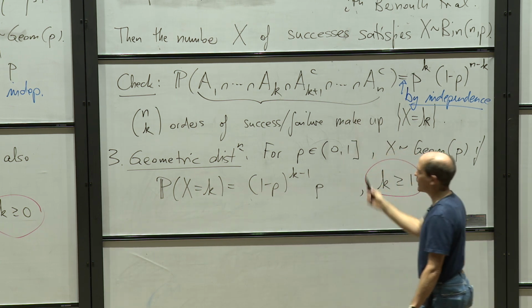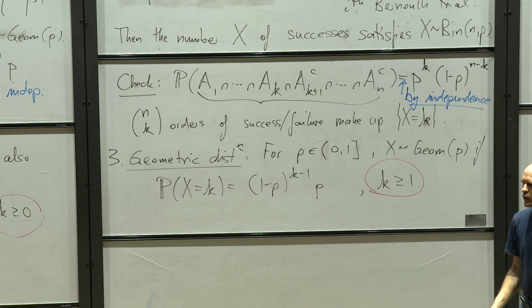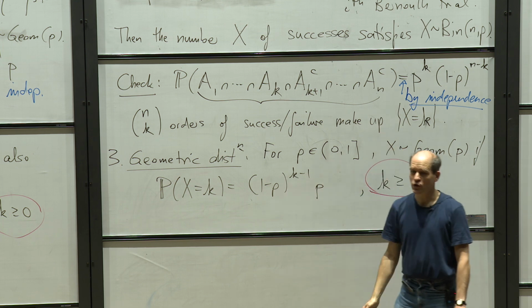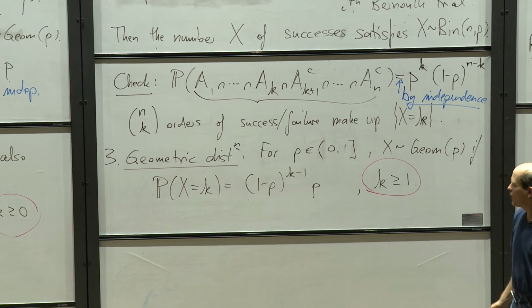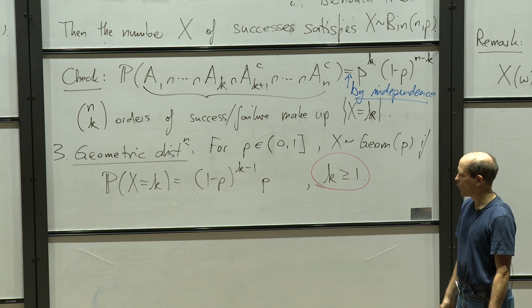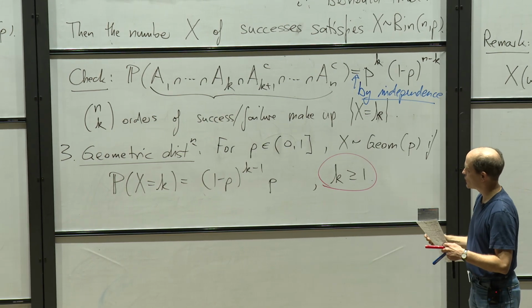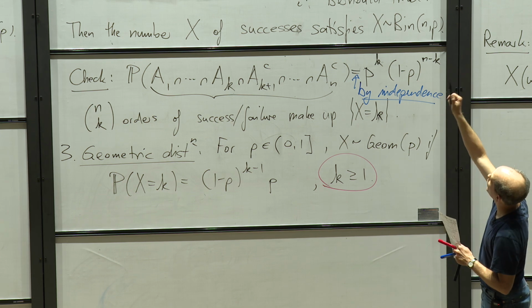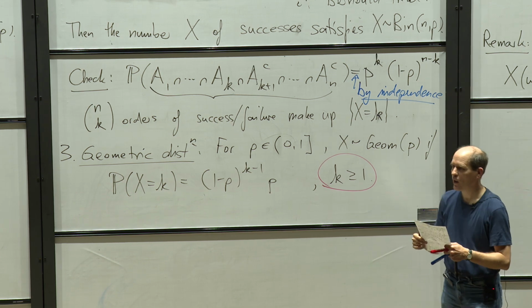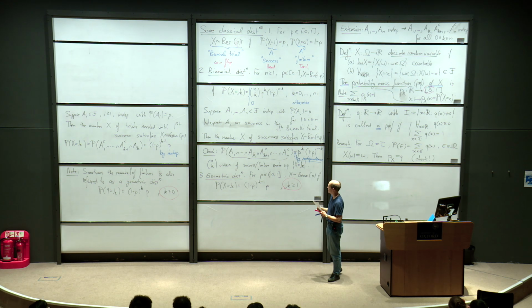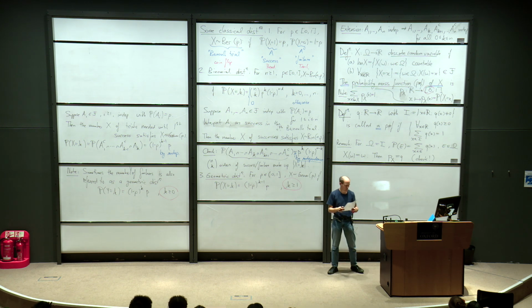On the other hand, I can include 1, because if the probability of success is 1, then all I'm defining here is a boring distribution that puts all probability mass onto 1. Thank you. Yes, that is a mistake. Whereas for the binomial distribution, there's no such problem. I'm also defining some rather boring distributions for p equal to 0 and p equal to 1, but it is mathematically meaningful. Yeah, thank you for pointing that out.